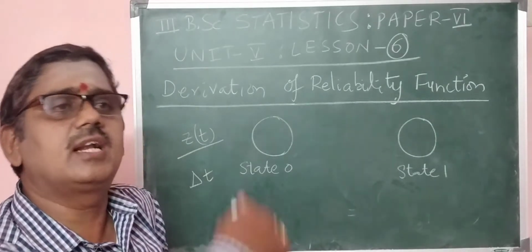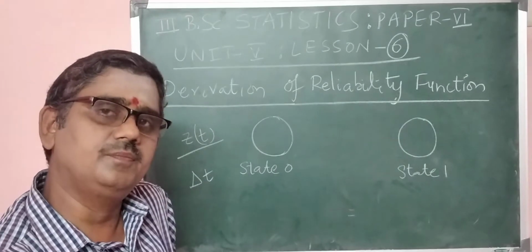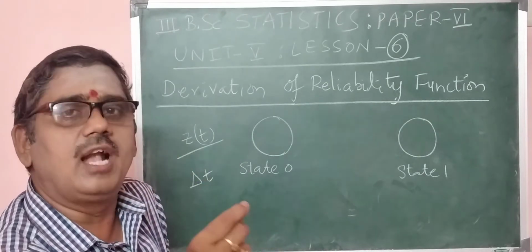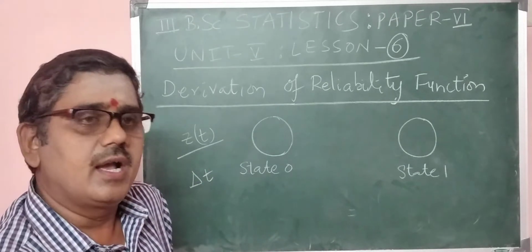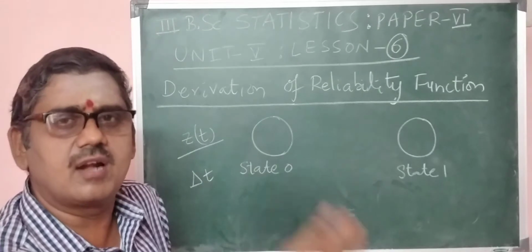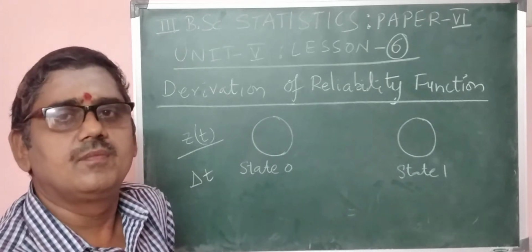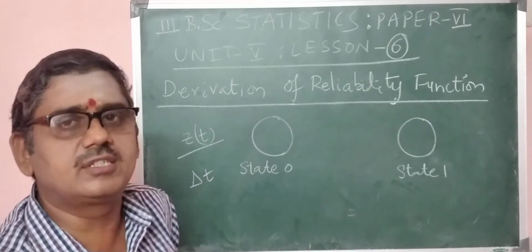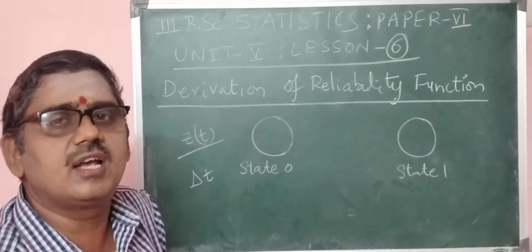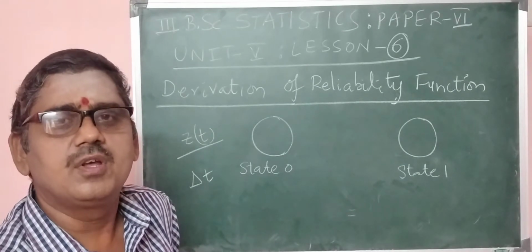If it fails at another particular time period, that gap, for suppose that particular gap is called delta t. It may survive another particular time period, the nearest time period after time period t. After time period t, if you have considered another time period delta t, usually delta t refers a very small value, delta t tends to 0.